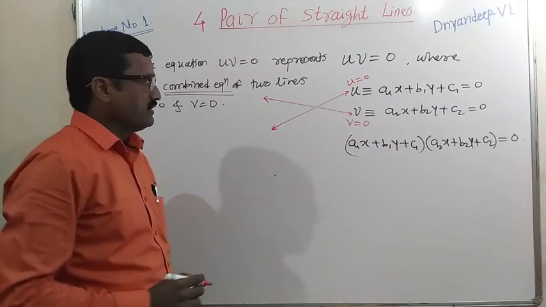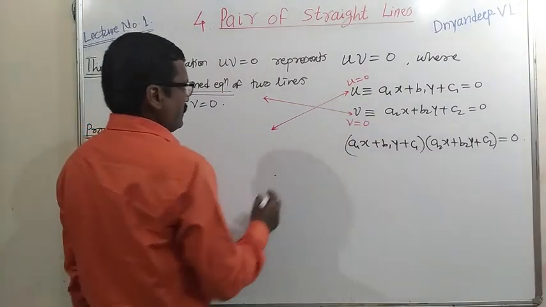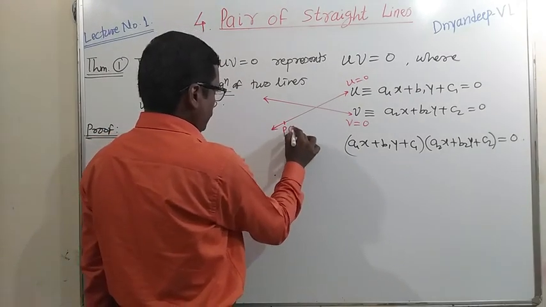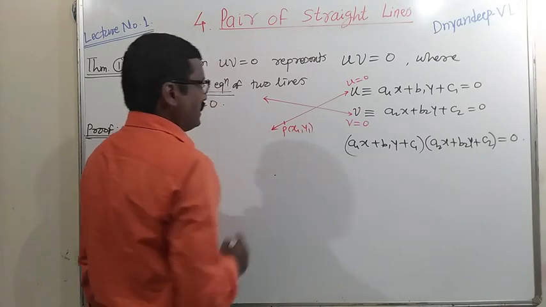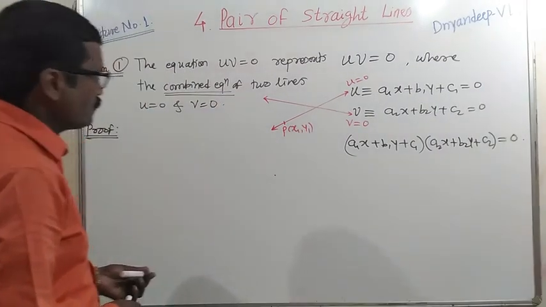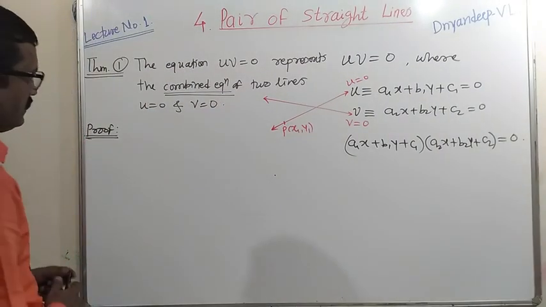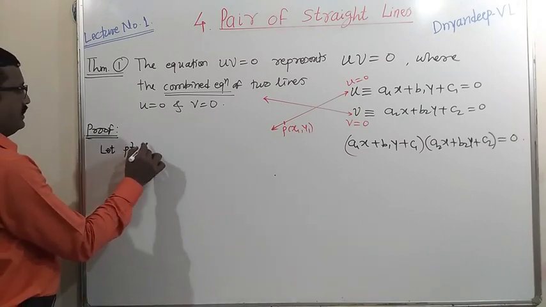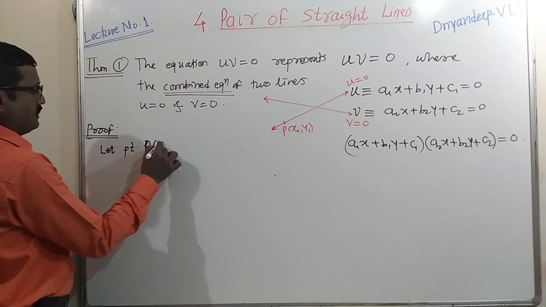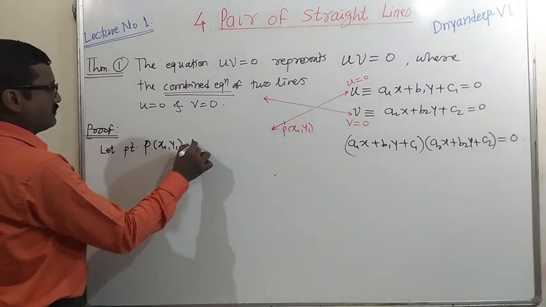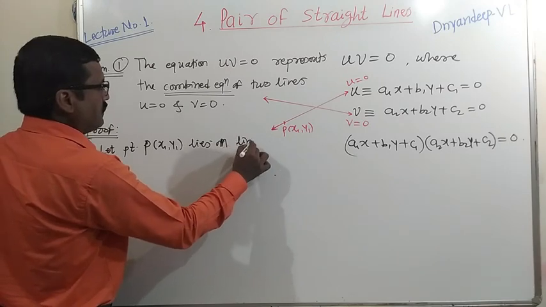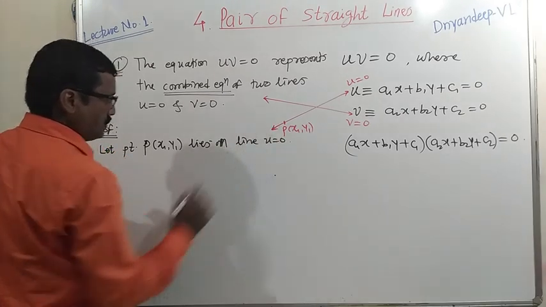These two lines we have taken here. Let point P (x1, y1) lie on line u. So in the proof we will start with this. Let point P with coordinates x1, y1 lie on line u equal to 0.